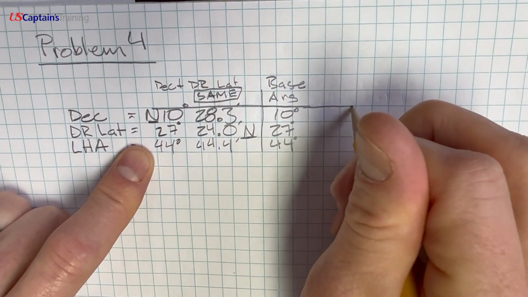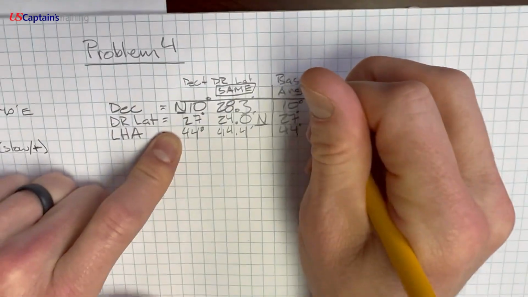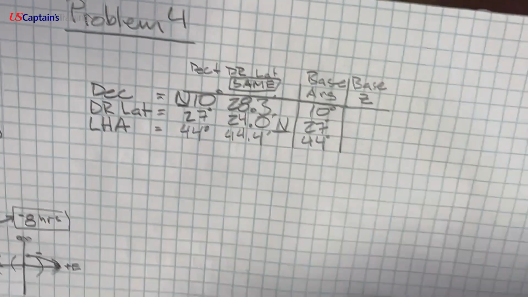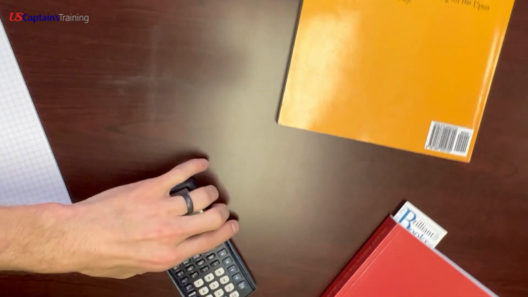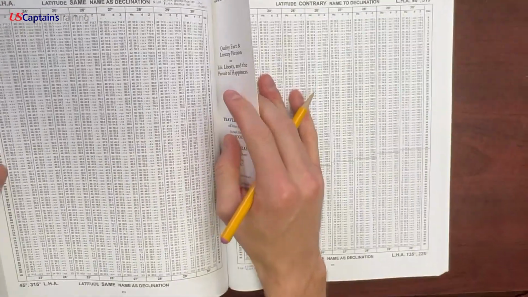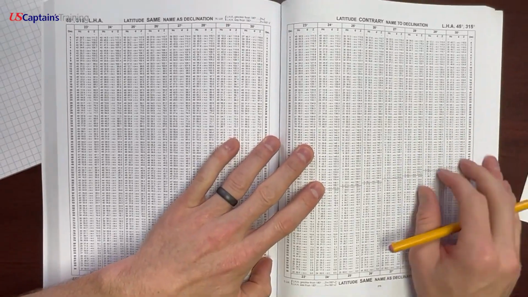And now we can get our base angle, or base Z, from the sight reduction tables. Here we are. Now, look at that.